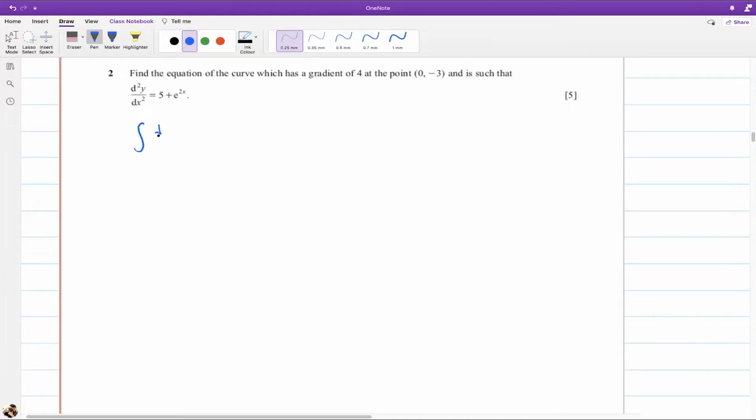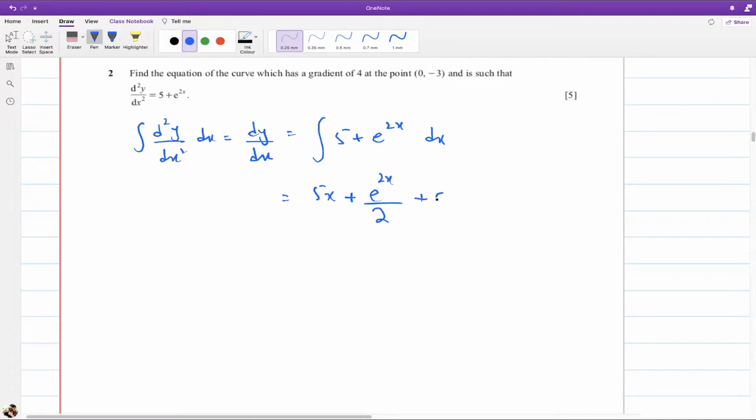So if I integrate the double derivative, I will get the simple derivative, and that is same as differentiating this side. So integrating this side, when I integrate this, this becomes 5x plus e power 2x over 2, plus c. And this is equal to dy by dx.